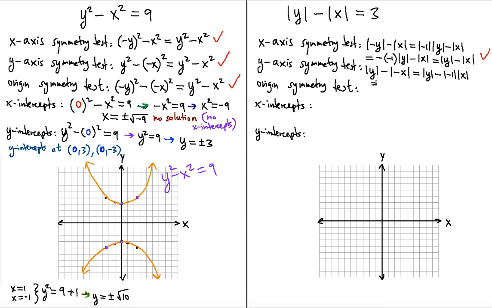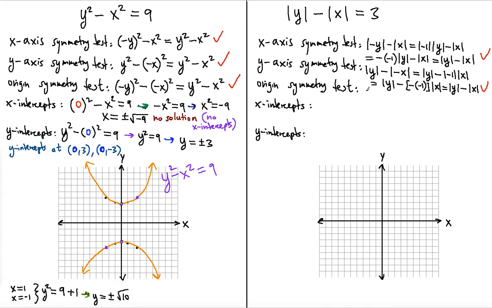So what that does is absolute value of y minus, now we have to negate the negative 1, right? The absolute value of negative 1 is positive 1. Positive 1 times absolute value of x is absolute value of x. Good. So that means you're matching the original left side. Good. So that means this has y-axis symmetry.